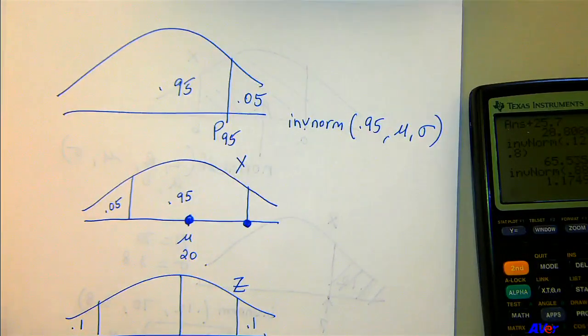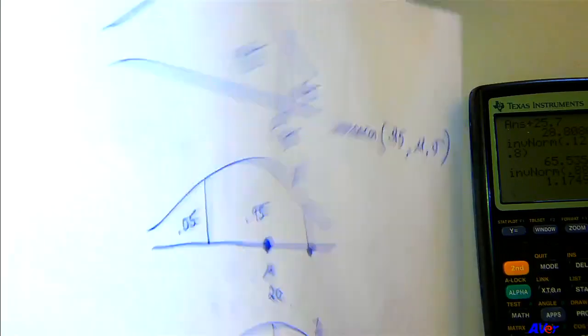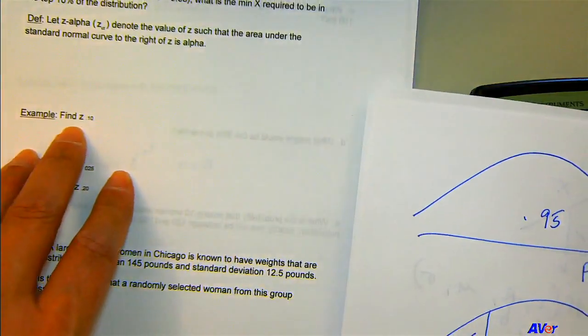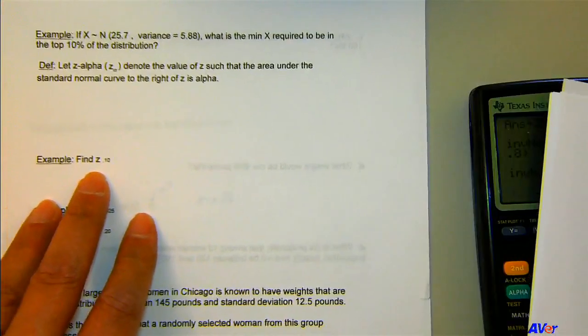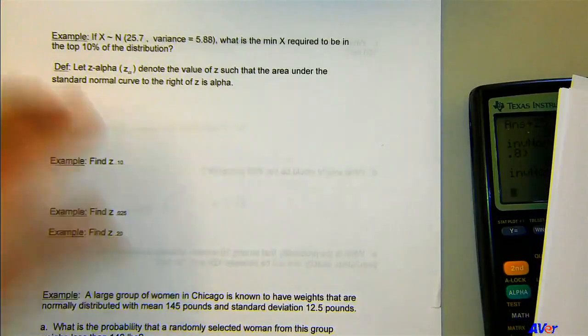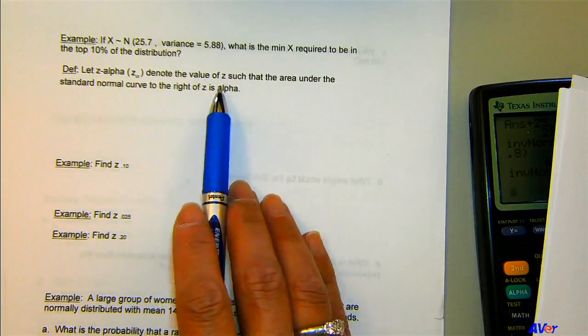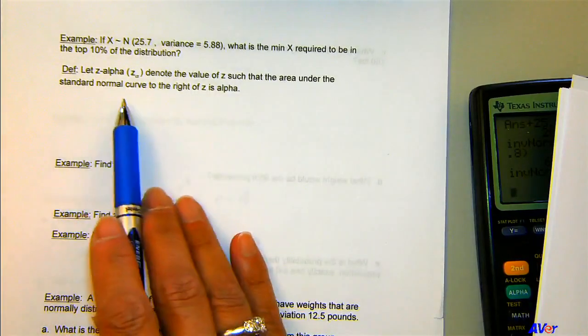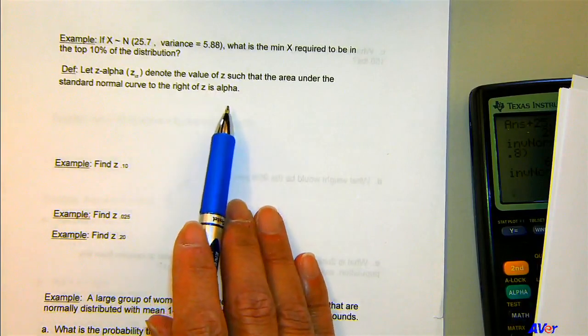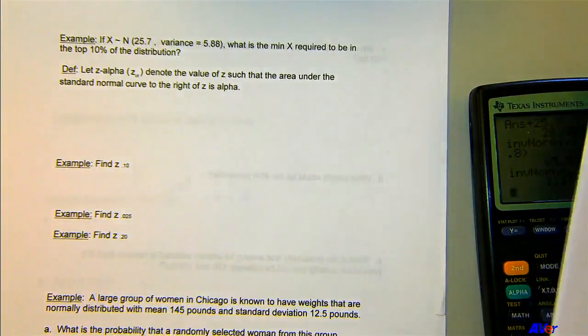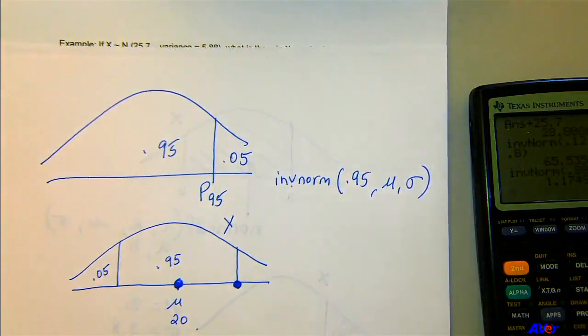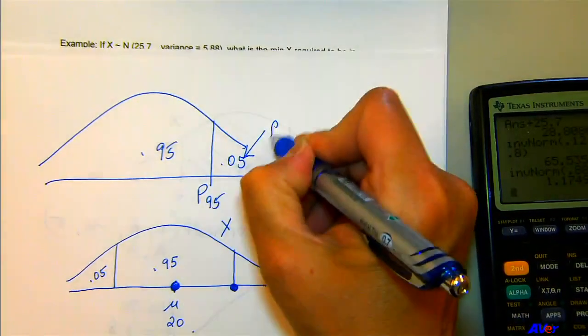Okay, so z.10. I'm back to the notes on page 7. It says, let z alpha denote the value of z such that the area under the standard normal curve to the right of z is alpha. It's so many words, but really, if you just look at this picture, here's my alpha.